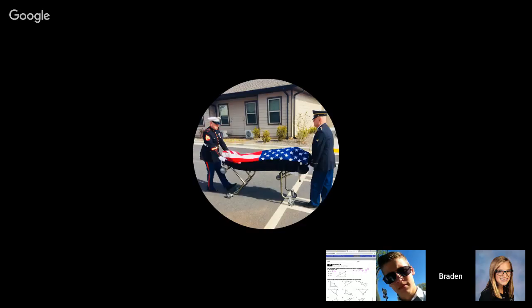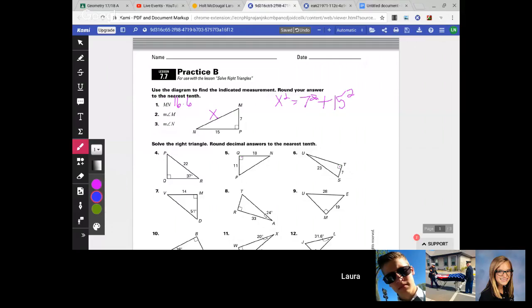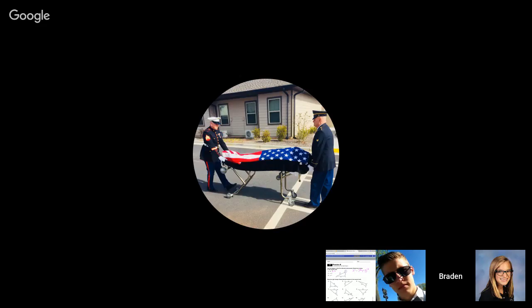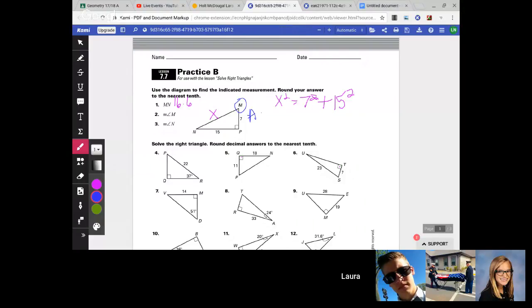Yeah, but how do you find out if it's cosine, sine, or tangent? Okay. That depends on which angle you're trying to find. So number 2, if you're trying to find angle M, your perspective is angle M. I told y'all it helps me to circle it. If y'all want to bring colored pencils to color code, that's absolutely fine. So my blue angle M that I'm looking for, from that angle, what is 7? Opposite, adjacent, or hypotenuse? Adjacent. What is 15?